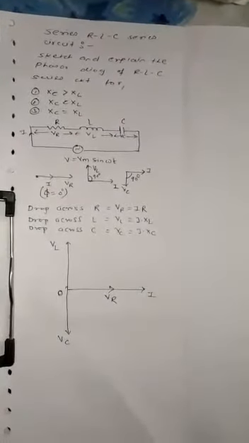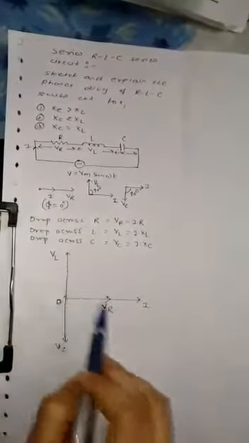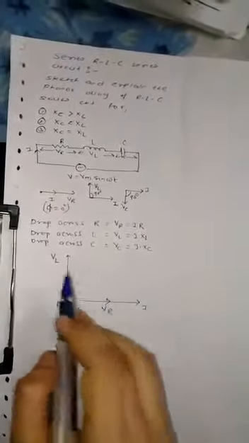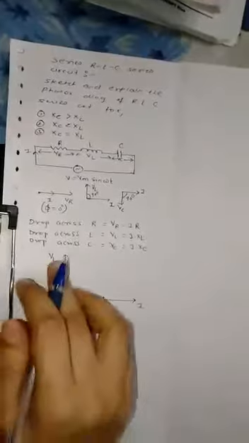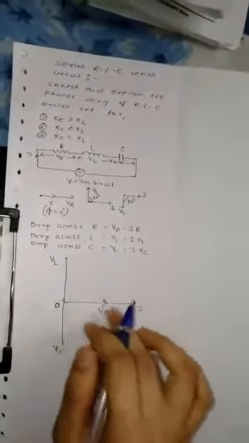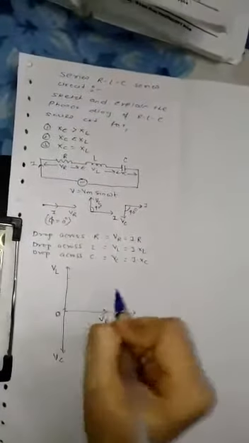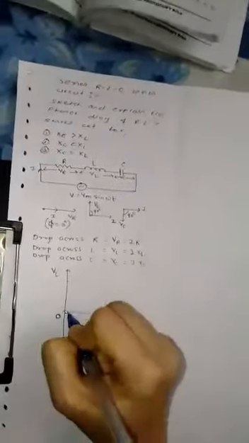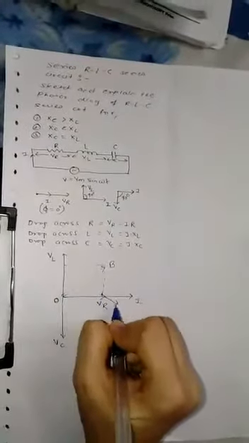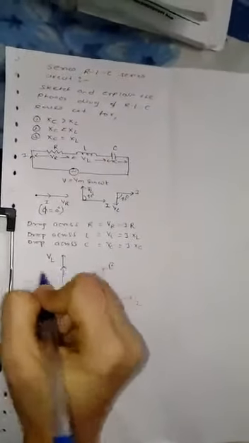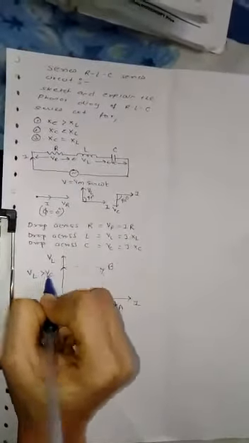The fifth step is to obtain the resultant of the voltages across the inductance VL and the capacitance VC. Both VL and VC are in opposition, out of phase by 180 degrees. Now we add the result to VR by the law of parallelogram to get the supply voltage. This is point B, this is point A, and here VL is greater than VC.